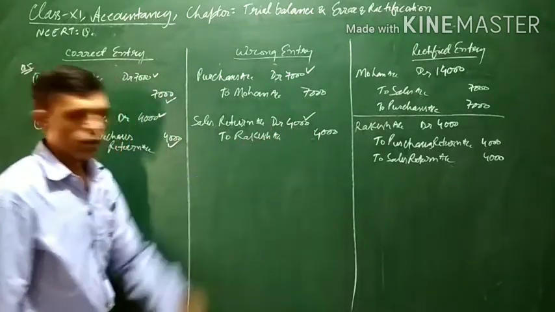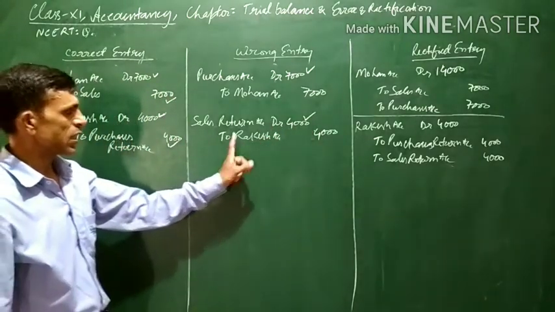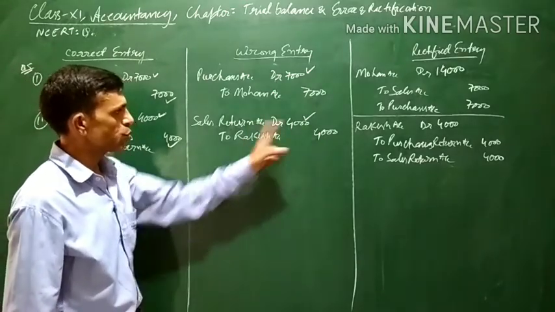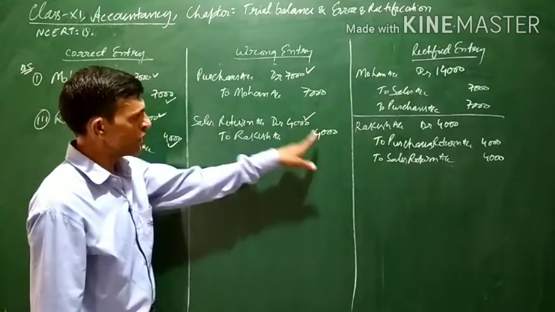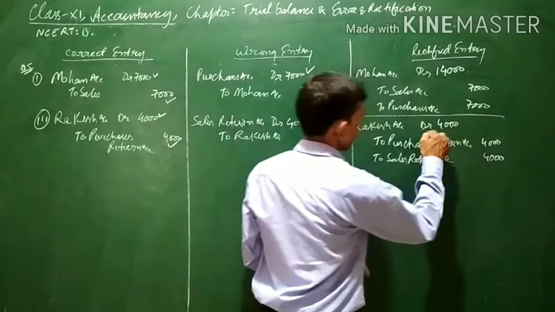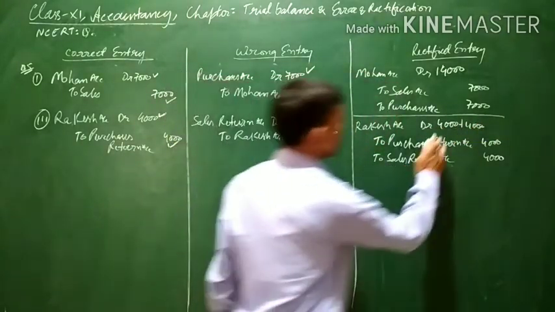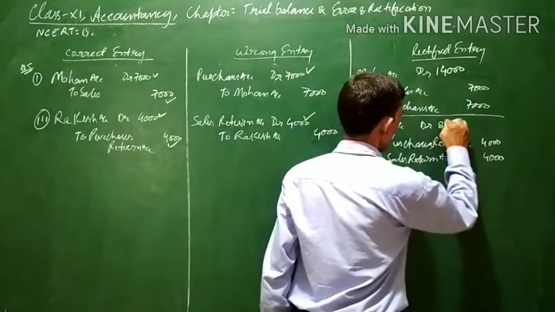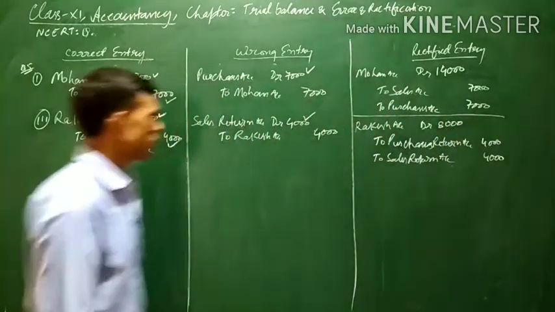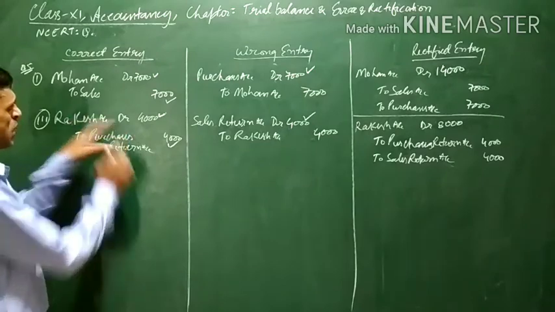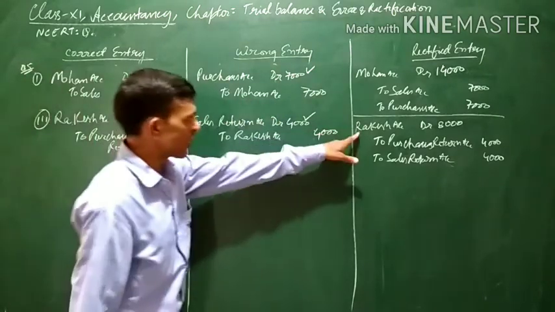Rakesh account was wrongly credited. This is the wrong entry. In order to rectify this, Rakesh account will be debited with 4,000. So 4,000 has been debited, 4,000 more debit is also required. So the total debit for Rakesh will be 8,000. Why? Here Rakesh is to be debited with 4,000, so we debited Rakesh 4,000.